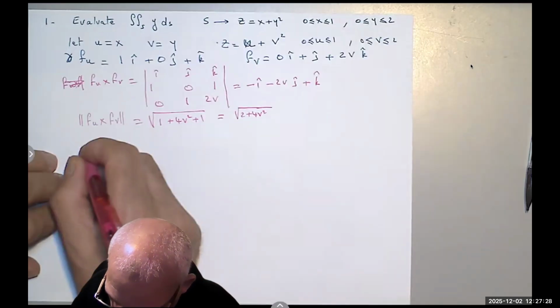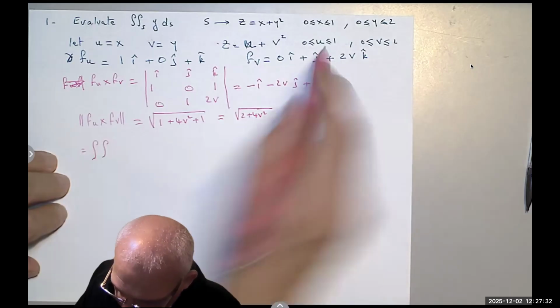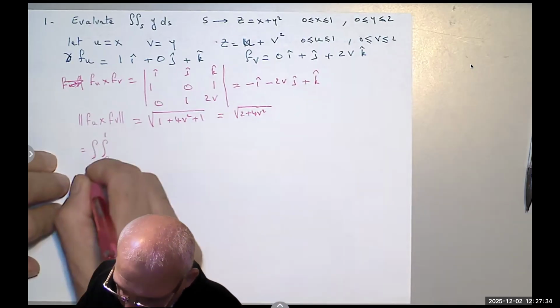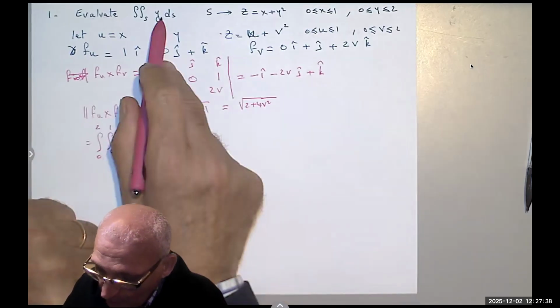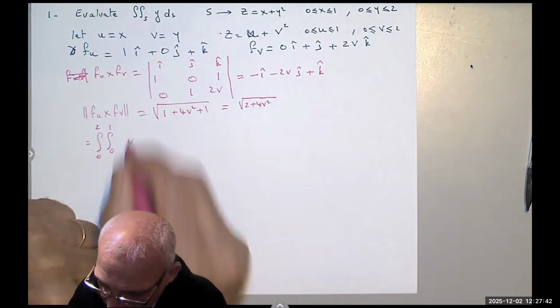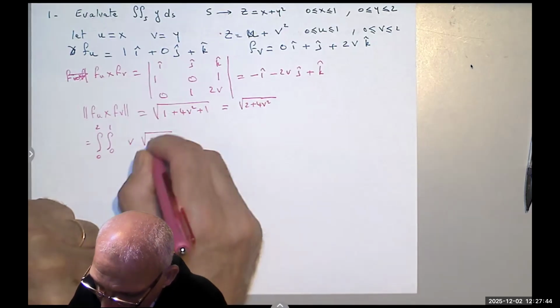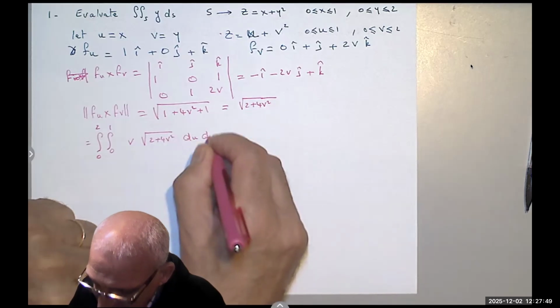So I'm going to say, take the double integral, u goes from 0 to 1 and v goes from 0 to 2, of y, which is v, times the square root of 2 plus 4v squared du dv.